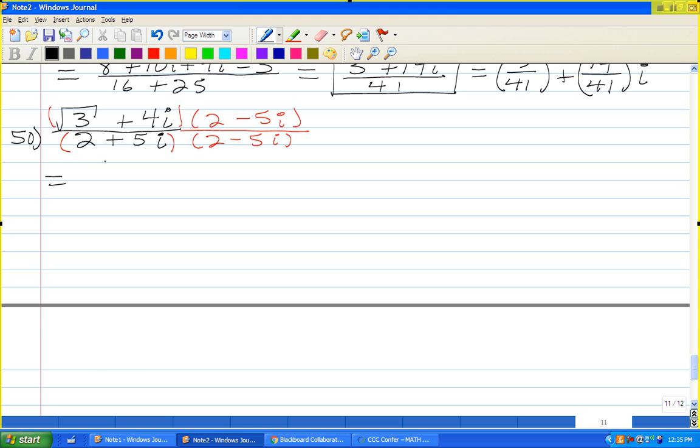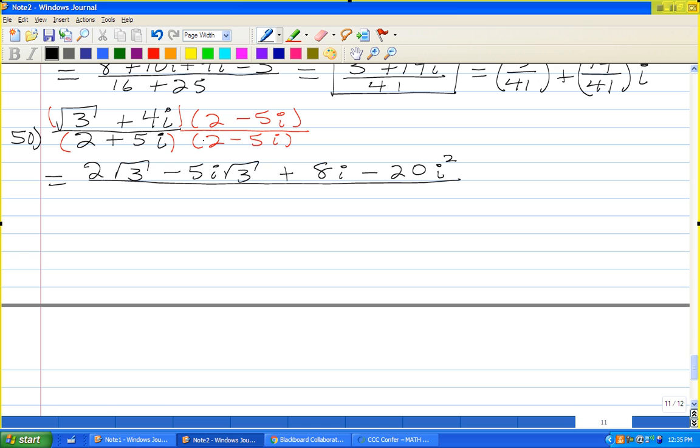Radical 3 times 2 is 2 radical 3. Radical 3 times a negative 5i is a negative 5i rad 3. 4i times 2 is 8i. 4i times a negative 5i is a negative 20i squared.